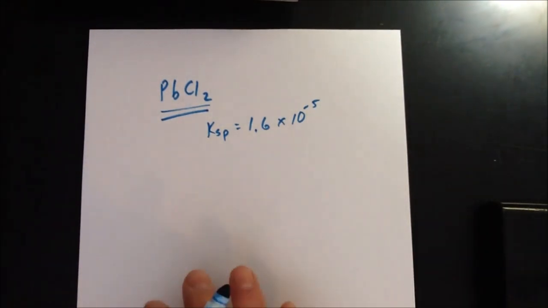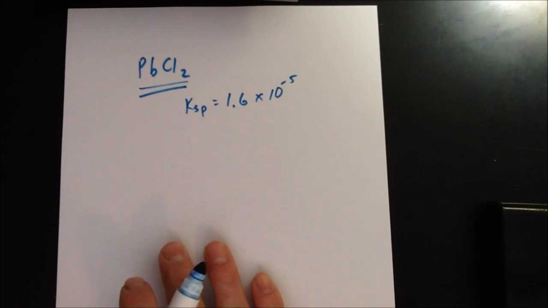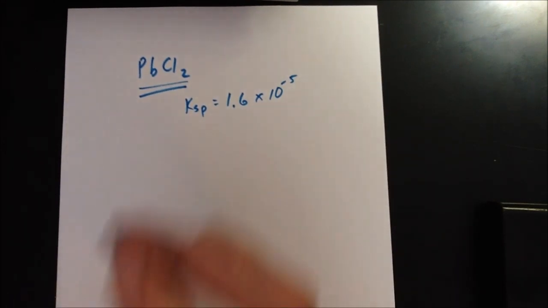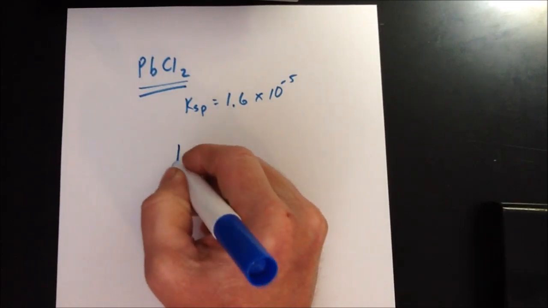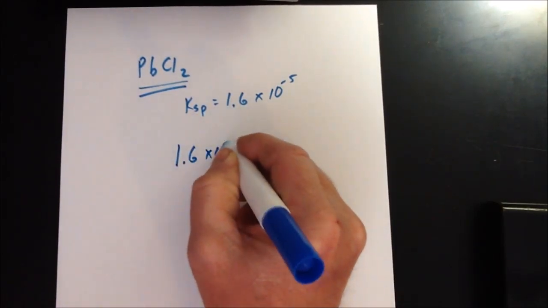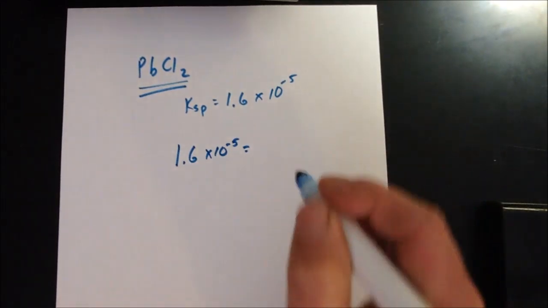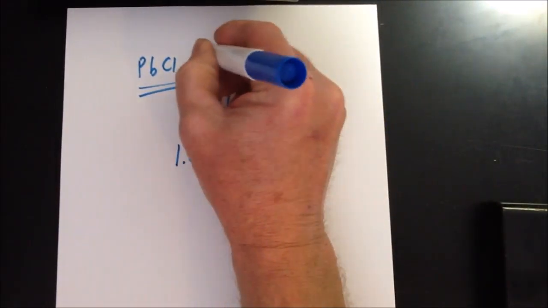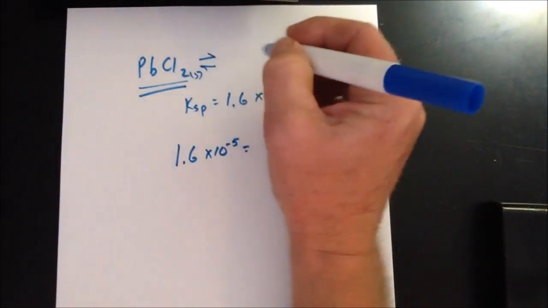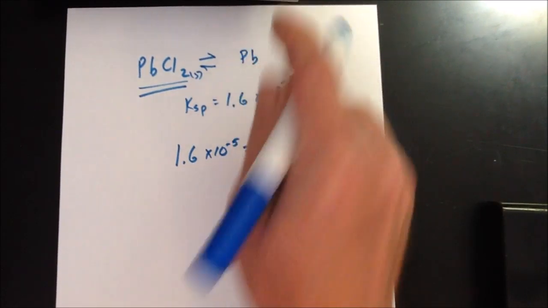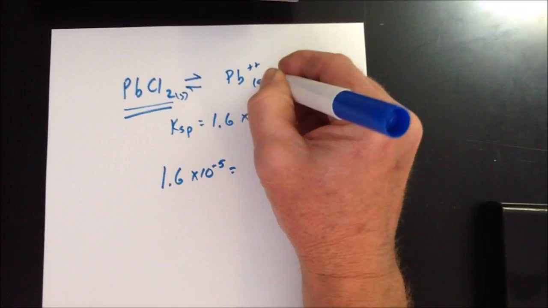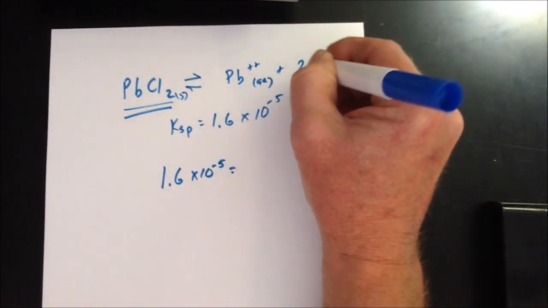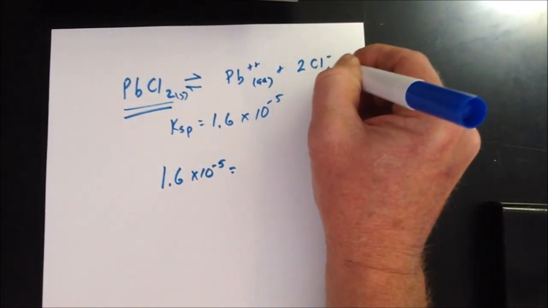But now we're going to go backward in this particular problem. So I'm giving you Ksp, and we're going to go all the way back to what is the gram solubility of this salt. So Ksp, 1.6 times 10 to the negative fifth, is equal to, well, we've got to write our equilibrium expression for this solid. This one's a little bit different because this one makes Pb2+ aqueous ions and 2 Cl- aqueous.